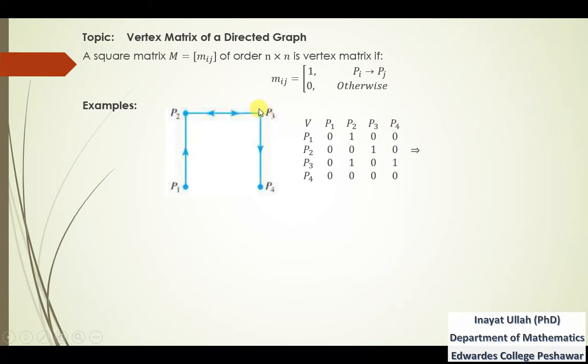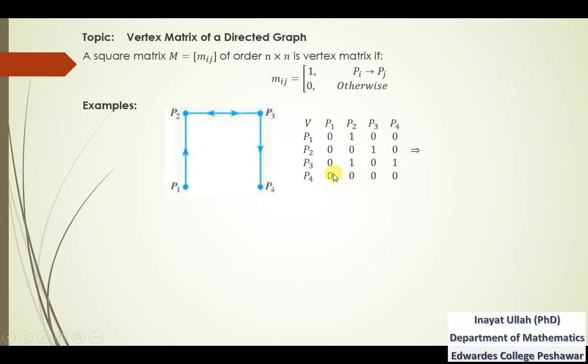From P3 to P4 this edge exists, so that's why here is 1. And similarly, from P4 to P1 no edge is there, so that is 0. From P4 to P2 no edge is there, so that is 0. From P4 to P3 there is no edge, so that is 0. And from P4 to P4 there is no edge.